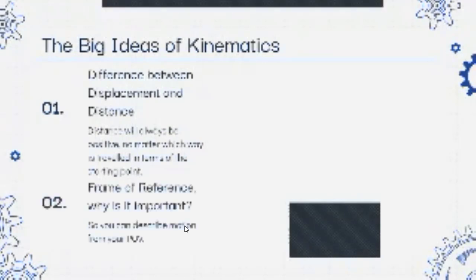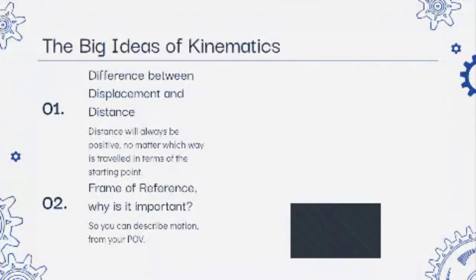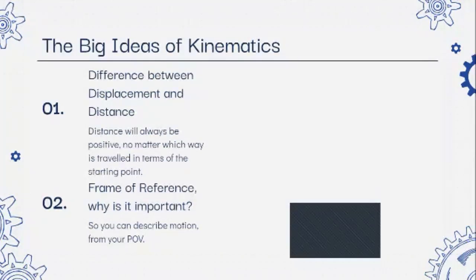When we talk about frame of reference, it's important because you have to be able to describe the motion based on what your point of view is. So if we are sitting on the beach watching a boat go by, we can see that the boat's moving.